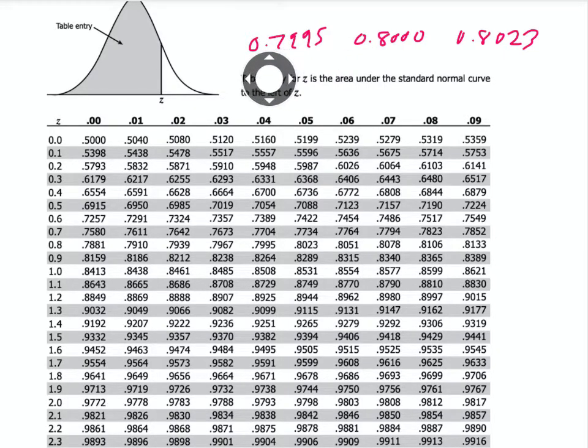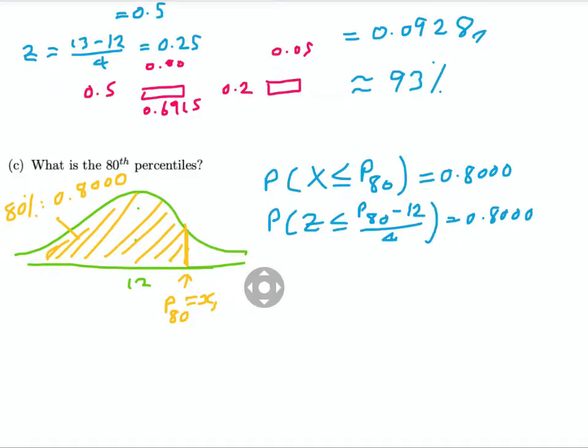When we are in this situation, we go with the closest number. What is the closest number? 0.7995. Therefore, this is the number, and then find the corresponding z value for this number. It is z equals 0.84. Now we know this is 0.84. So what is this? This is a z value, right? Therefore, we can get rid of everything but this z value.